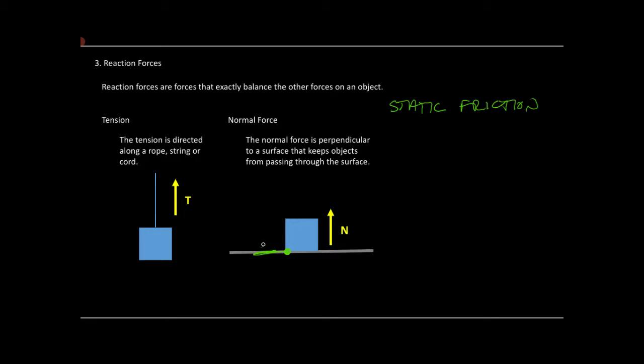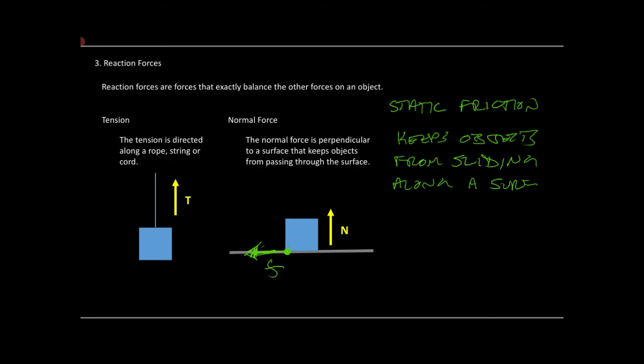And here we have actually a symbol. We're saying that this force of static friction is always going to be less than or equal to this constant, the coefficient of static friction, times the normal force.